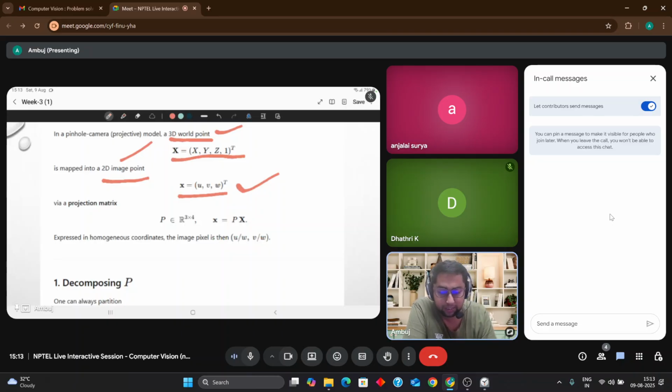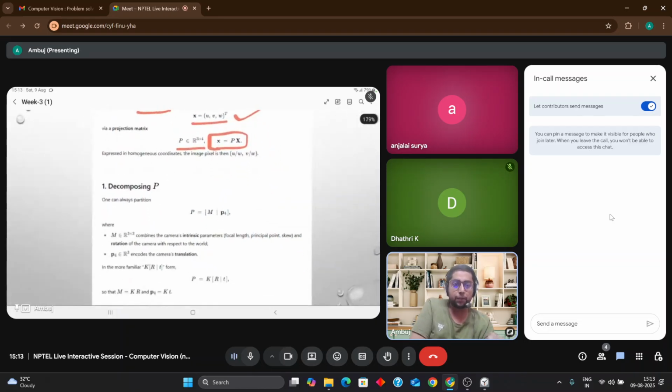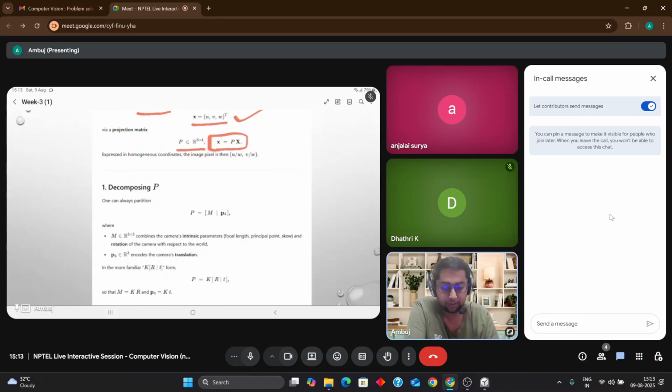The projection matrix follows the relation P in R^(3x4), and small x is nothing but P times capital X. This particular concept has already been taught in great detail in all three sessions. So this is regarding the mapping of a 3D object in a 2D frame of reference.